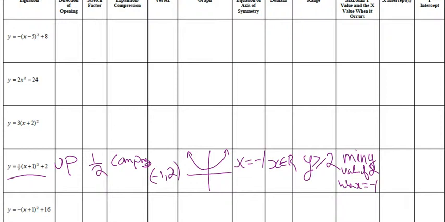X-intercepts? None. See, we don't need to do anything here, because we know what the graph looks like. Some of you would waste a bunch of time: I'm going to set y to 0 and solve this algebraically, and now I have to use the quadratic formula. But if the range is greater than or equal to 2, there's no zero there, so there are none.